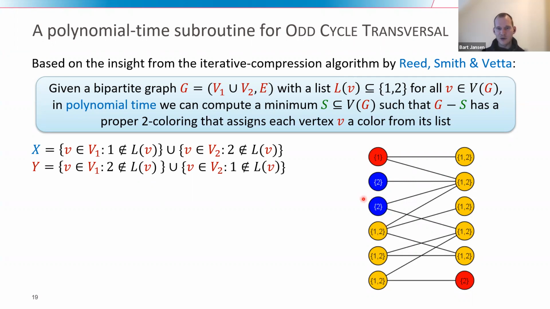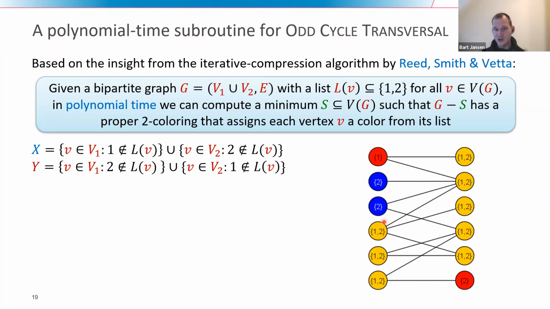Similarly, if we have vertices which are forced to the same color, but they appear on opposite sides of this bipartite graph, then if there remains a path between them in G minus S, this path basically forces a switch of color every time you traverse an edge. So if the vertex here is colored 2, then this one is 1, this one is 2, this one is 1.